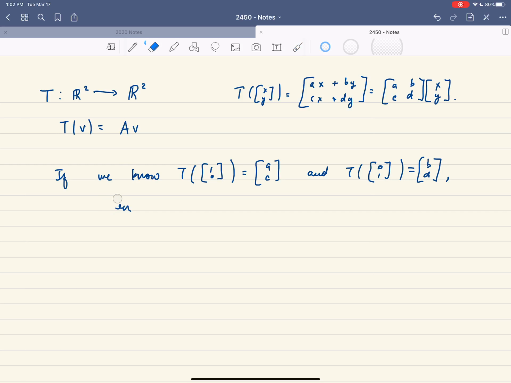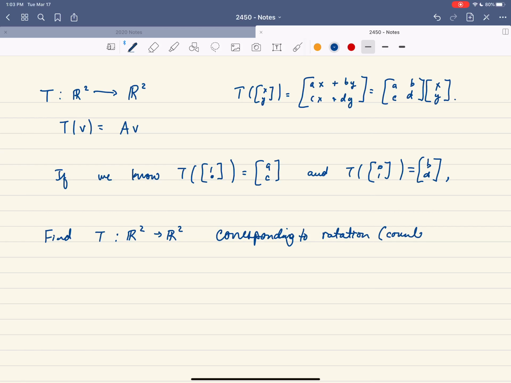And so, as an example, let's see if we can find the matrix T that's going to map R2 to R2 and corresponds to rotation counterclockwise by 90 degrees.